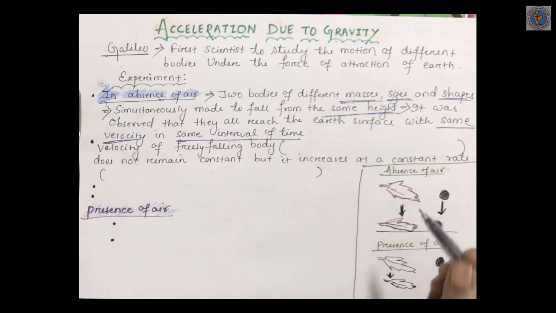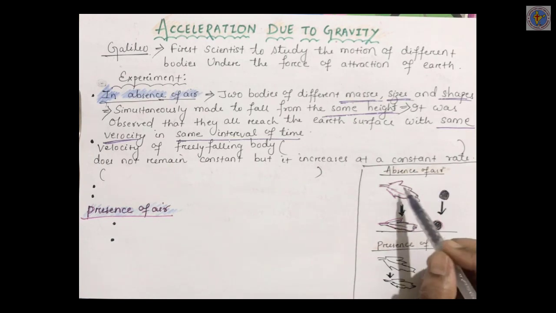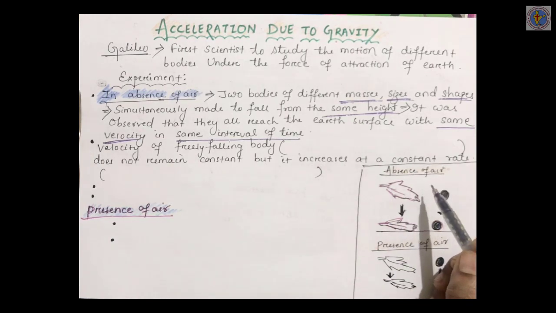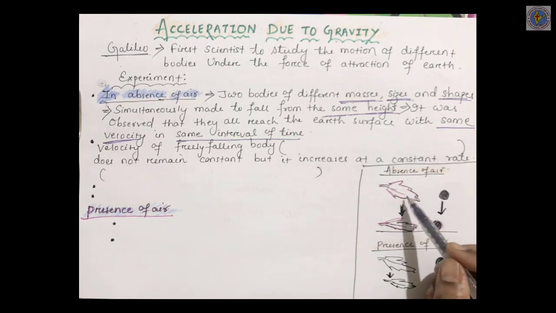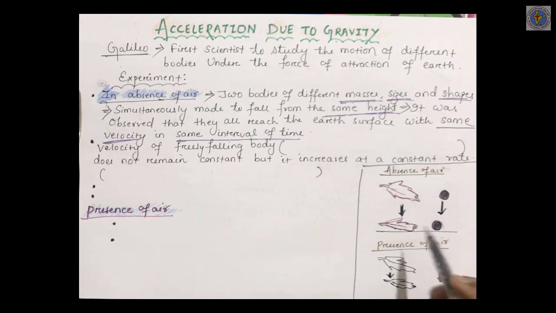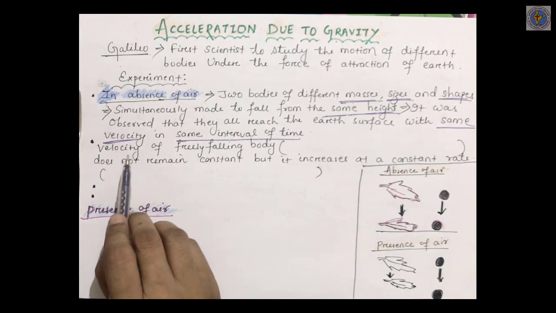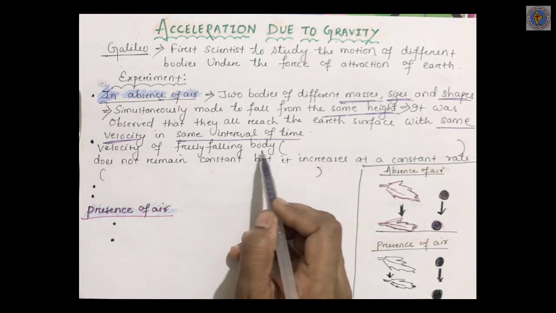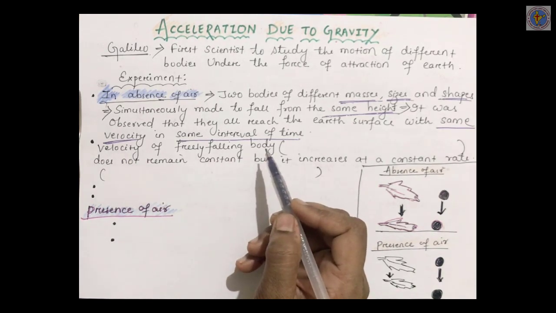That means, children, in the absence of air, he took one lighter object and one heavier object, and made both bodies fall from the same height. He observed that both the lighter and the heavier object reach the earth's surface in the same interval of time with the same velocity. What do you mean by a freely falling body?